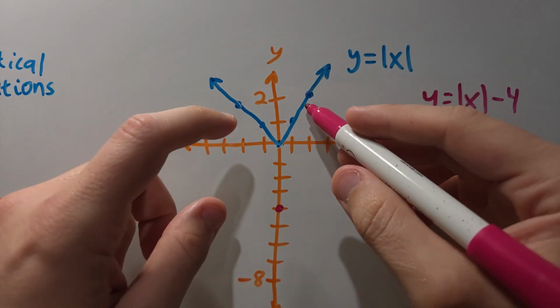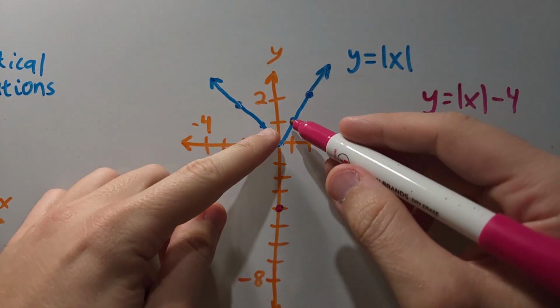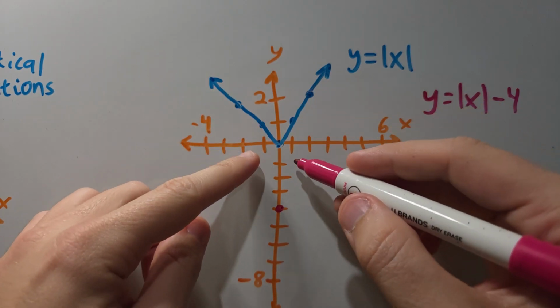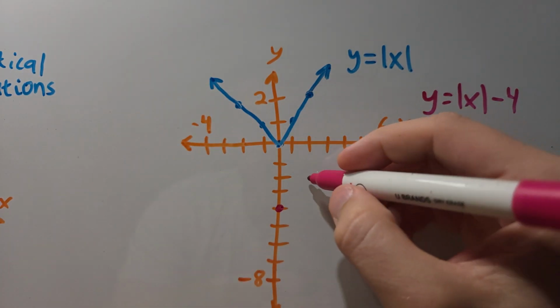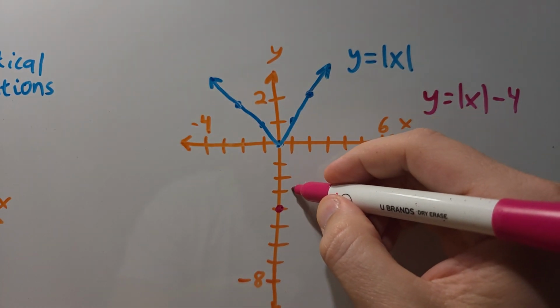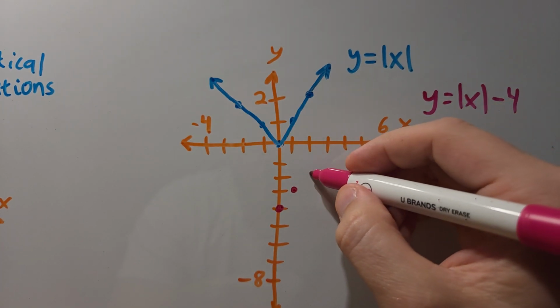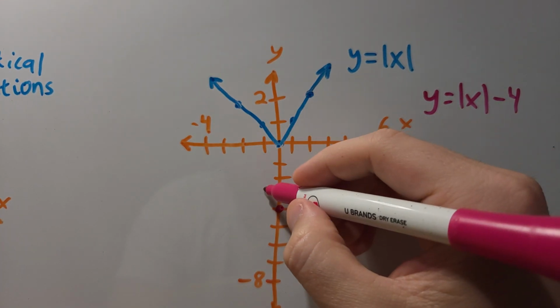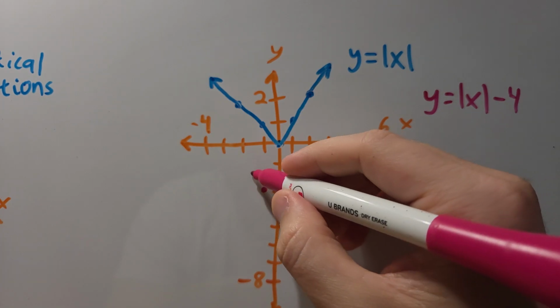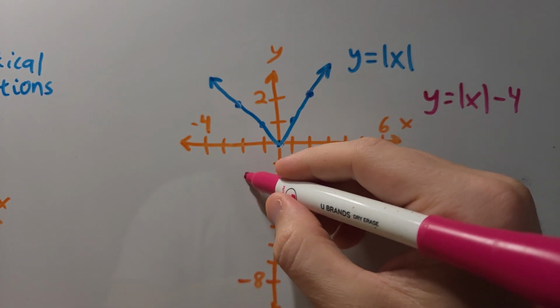Every single value on this graph will now be 4 units lower because of that translation. And right over here. All right.